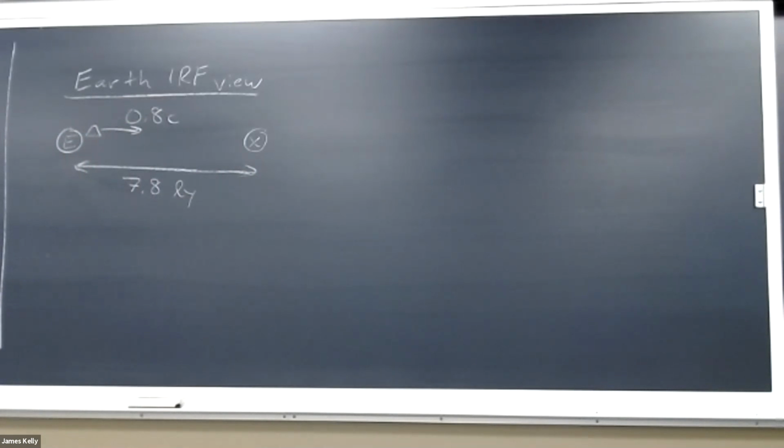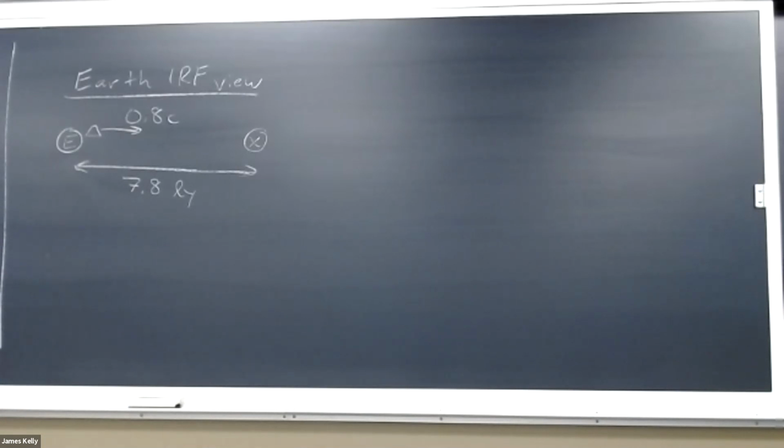And at the instant when this leaves Earth, moving at 0.8 C in that direction in Earth's IRF, simultaneous with the ship leaving Earth, notice I have to say, when I say something happens simultaneously with something else, I have to say whose assessment of simultaneous it is, because it now matters.